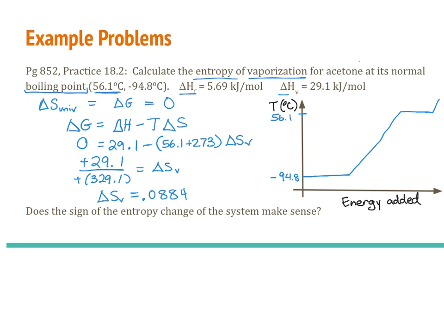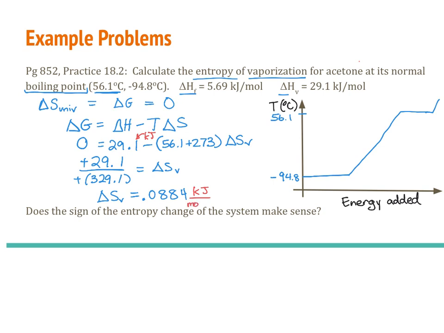And the units right now would be kilojoules because this was in kilojoules. So notice when I calculate entropy and I try and put it in kilojoules, you get a very small number. That's why it's usually tabulated in joules instead.